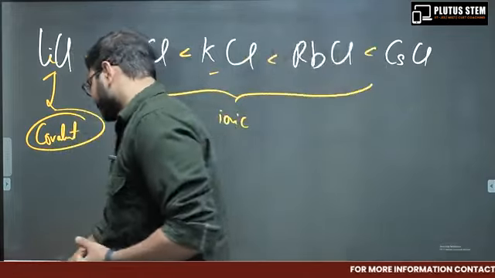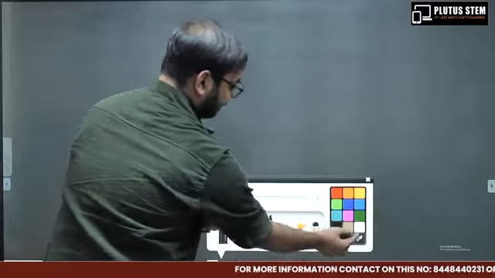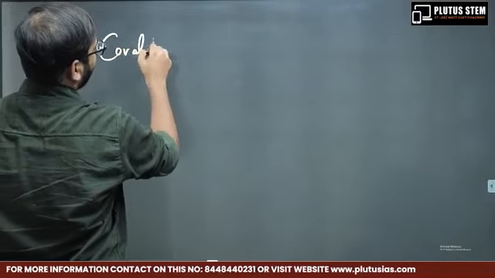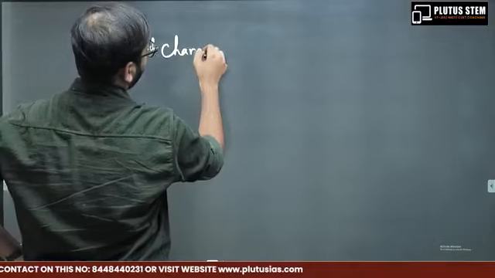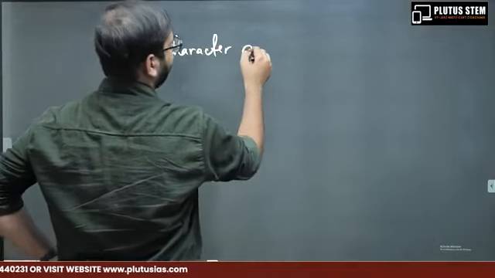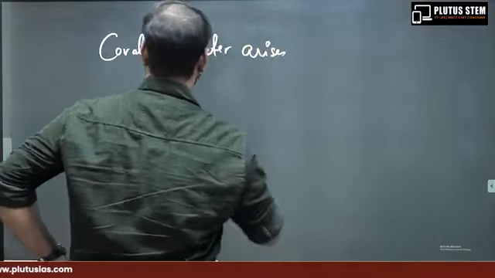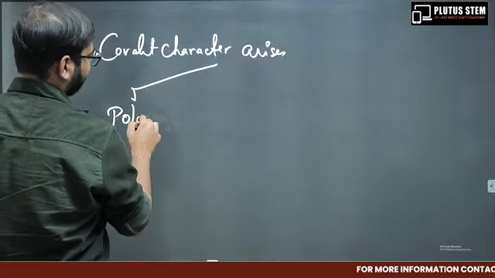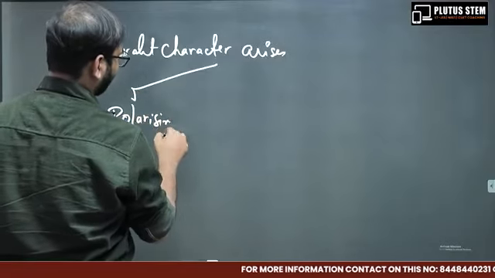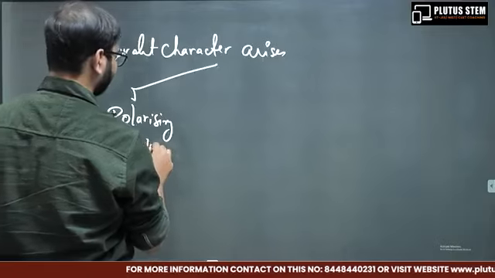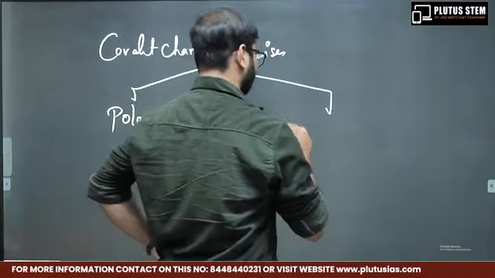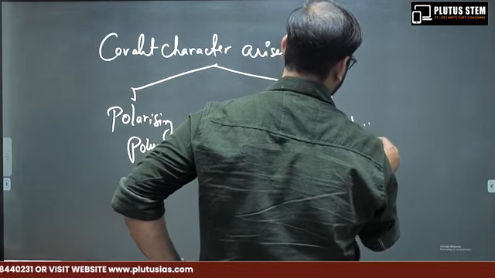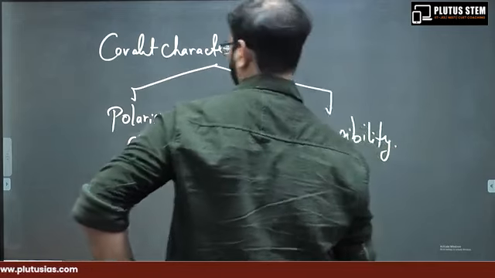It is explained by Fajan's rules that the covalent character in ionic compounds arises due to two factors. First is a property called polarizing power. Second is polarizability.